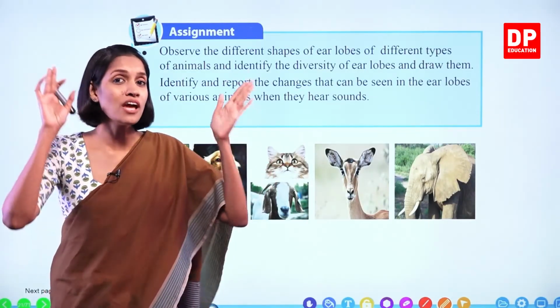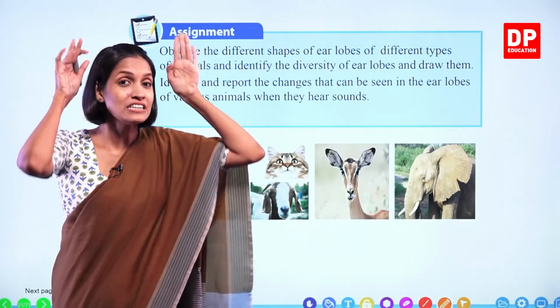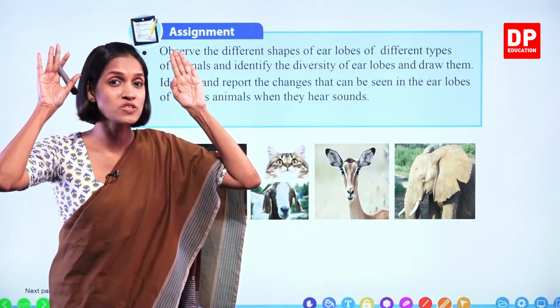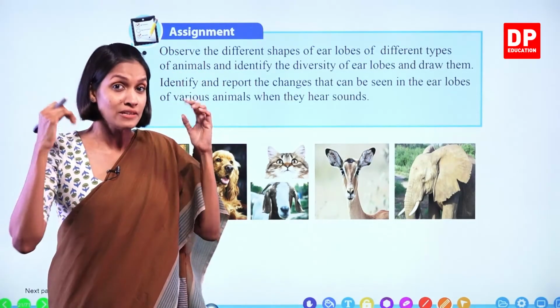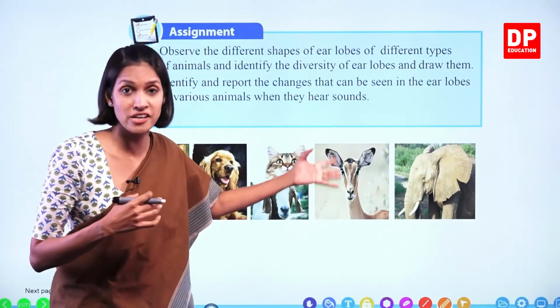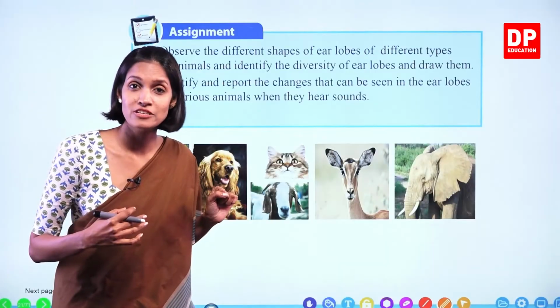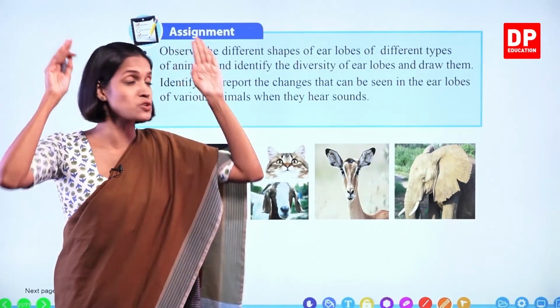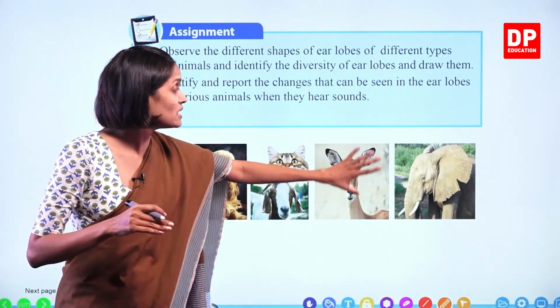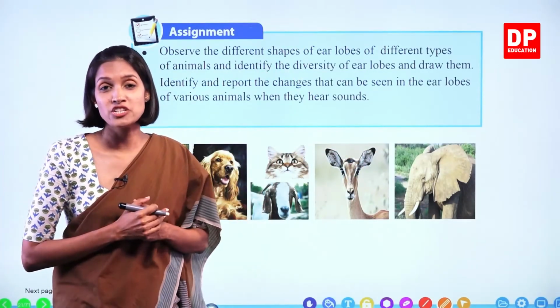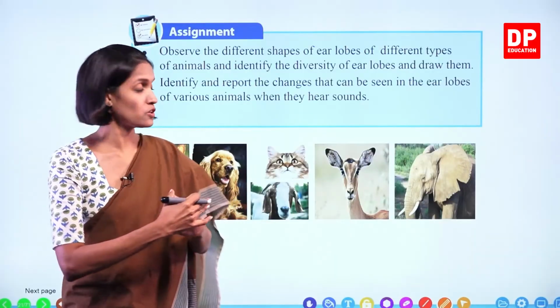It erects its ears and moves them to different sides to check whether the animal is coming. That is because it can hear very well. So it erects its ears so that using the earlobes, it can nicely collect all the vibrations, all the sound waves.